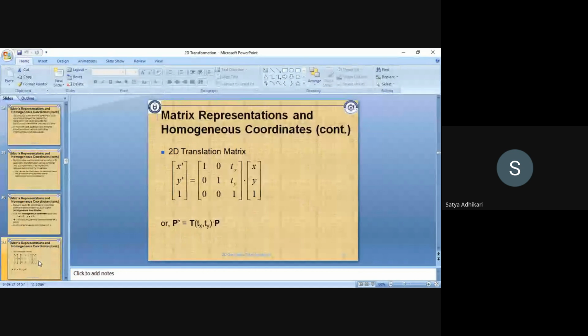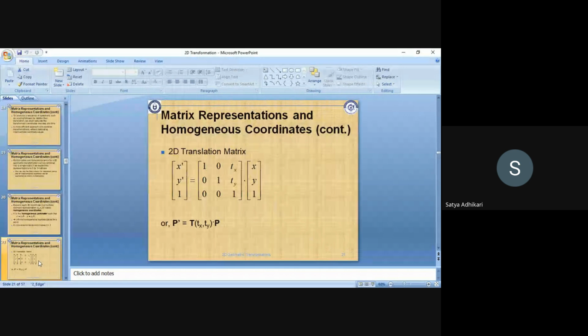Calculating for x dash: 1 into x plus 0 into y plus tx into 1, that is x dash equals x plus tx, which is the main formula.